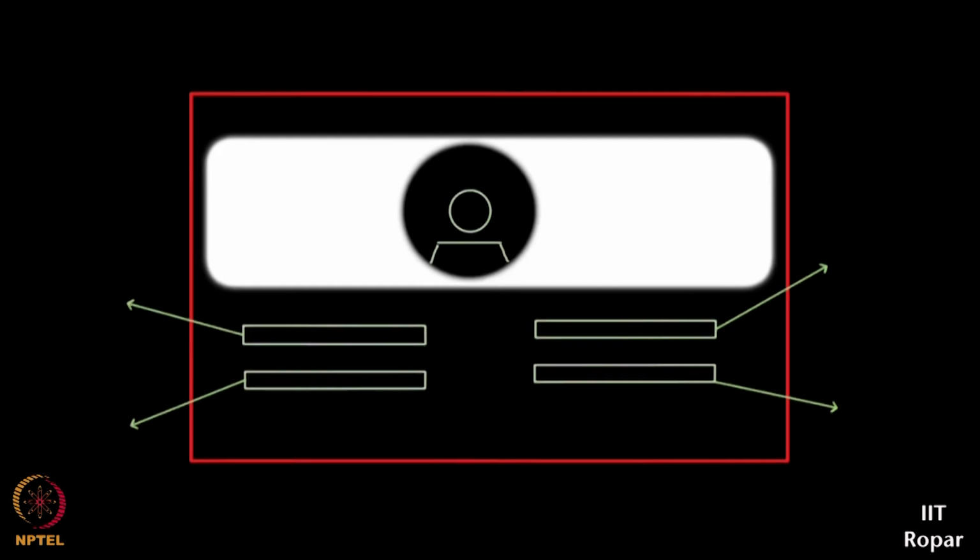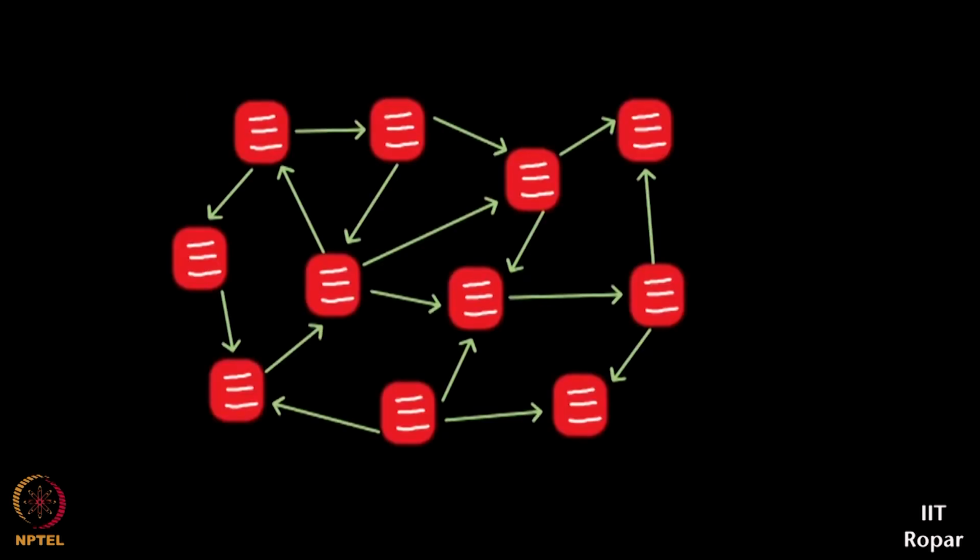Okay, so I will take all possible web pages in the world that one can think of, and I will put an arrow from a web page to another web page if there's a link from this web page to this web page, and I'll create this huge network.